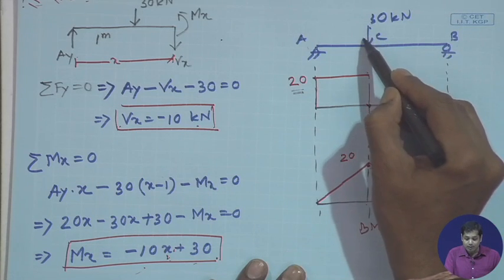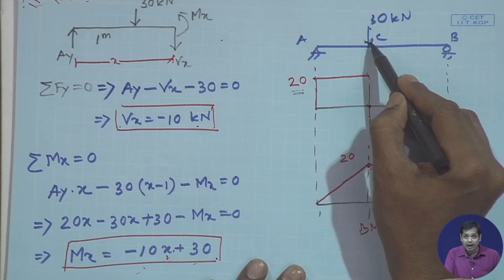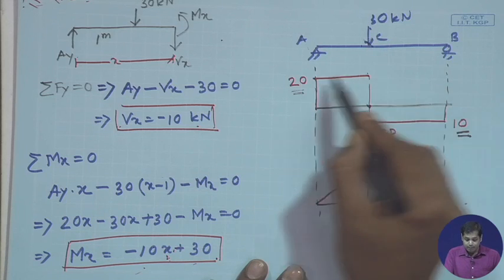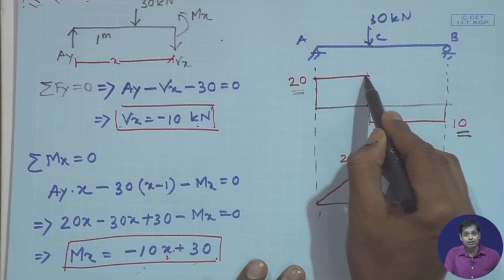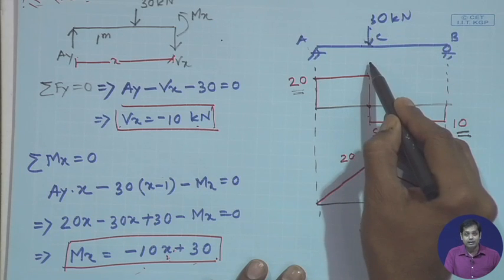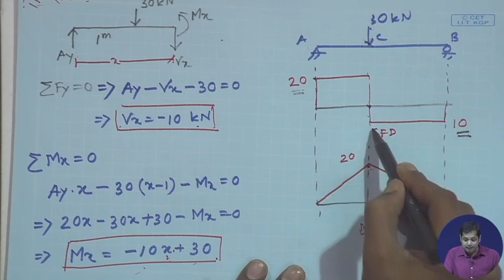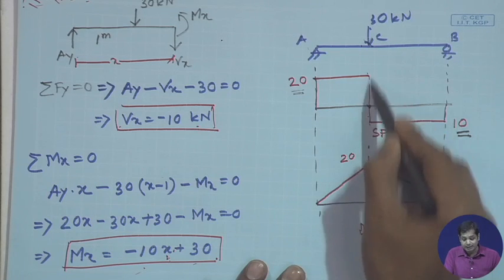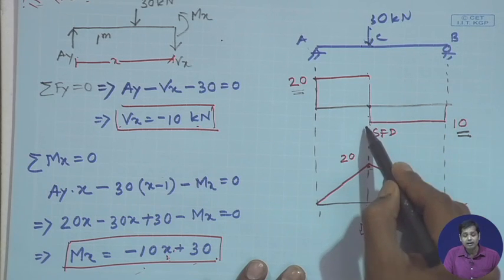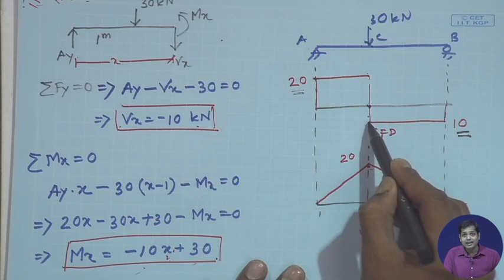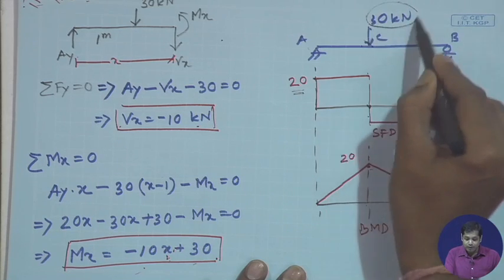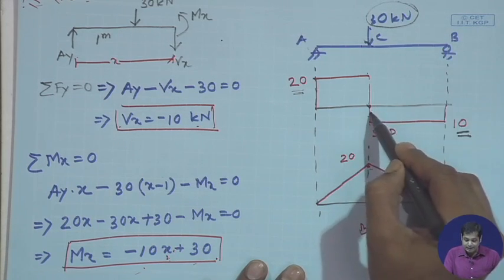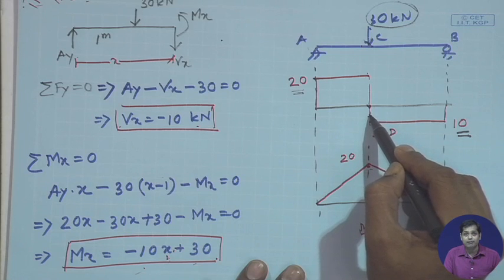Since there was a concentrated load here, the shear force is constant throughout, and suddenly you have a concentrated load, so there is a sudden change in shear force, and that change is according to the value of this load. So this is reflected in the shear force diagram.